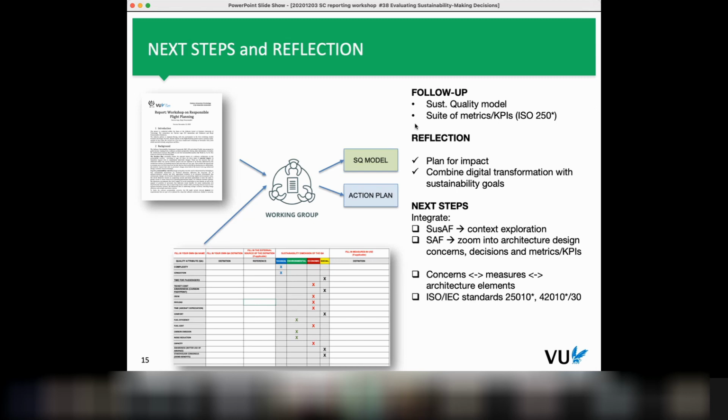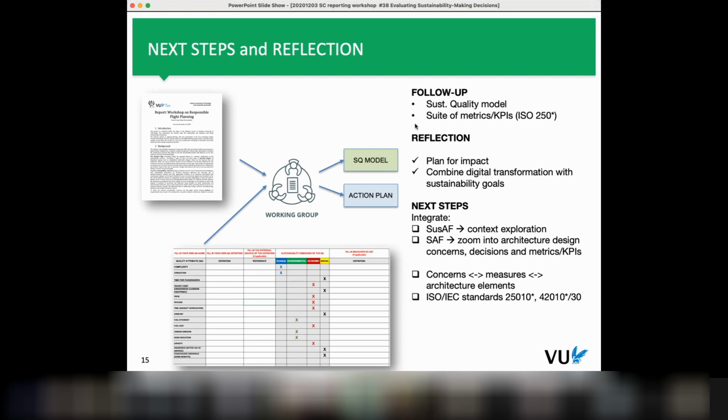Also, in the next steps, what we would like to propose as a new project is to integrate these two instruments, SUSAF and SAF, that come from requirements engineering and software architecture respectively, to have a more round-trip engineering.